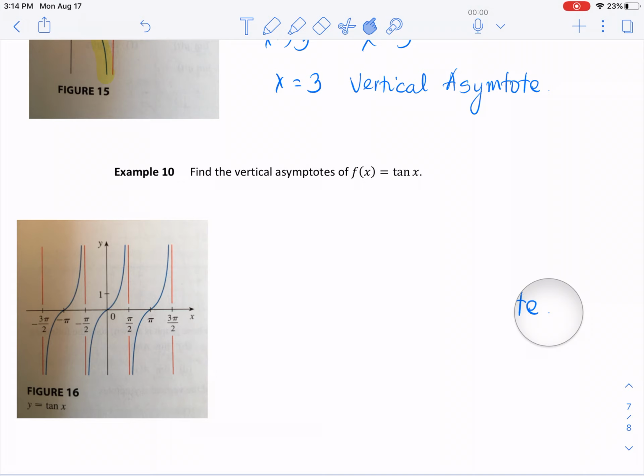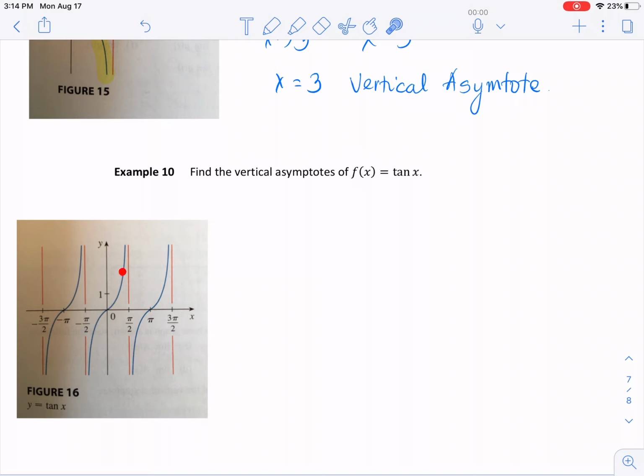So you can see right here, if you look at x approaching pi over 2 from the left, this way, that way, right? And then you look at the limit as x approaches pi over 2 from the right, this way.